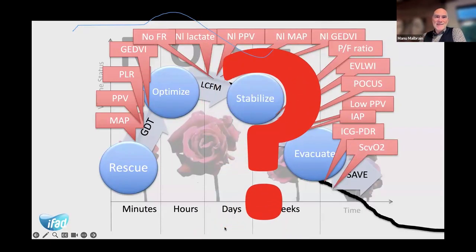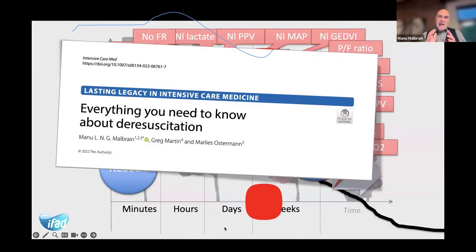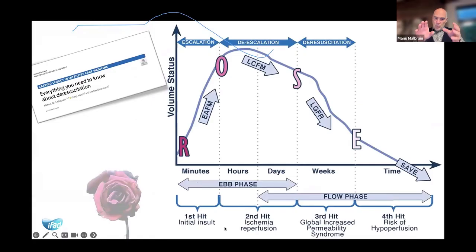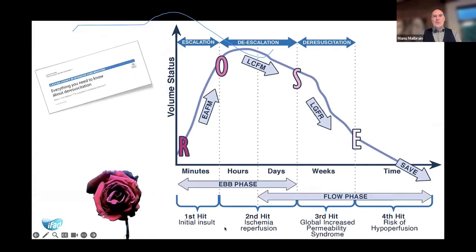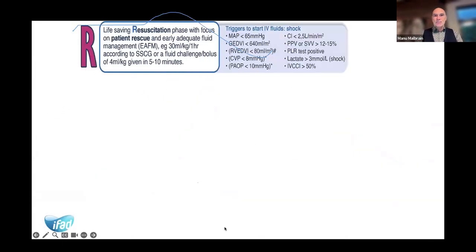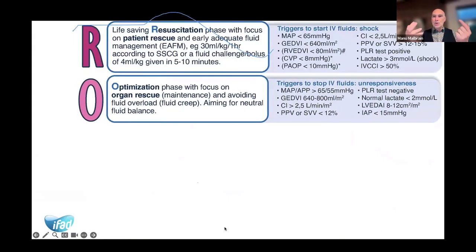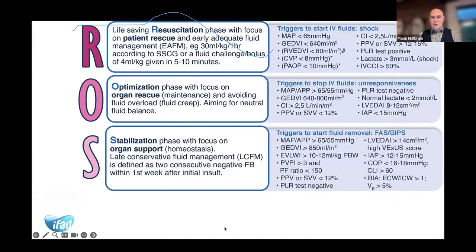Also here, there is no one single study covering these different phases, but everything you need to know about de-resuscitation can be found in this open access paper, where we dive deeper into the ROSE framework and we give some tips and triggers: when to start fluids, when the patient is in shock. You stop when the patient is fluid unresponsive, shock resolved.